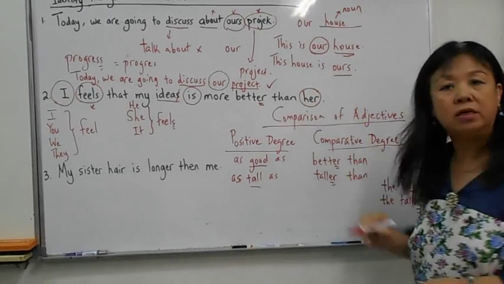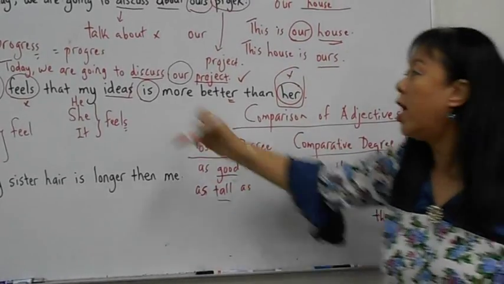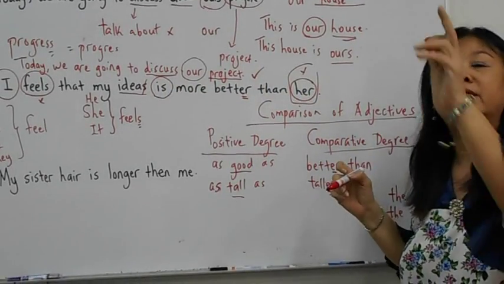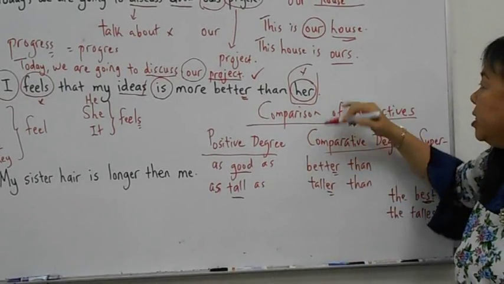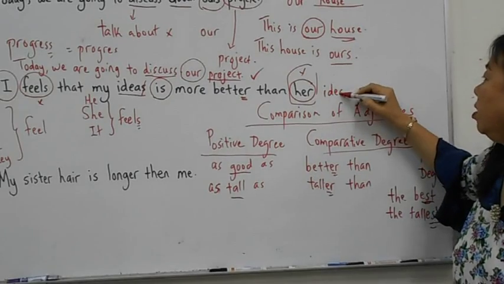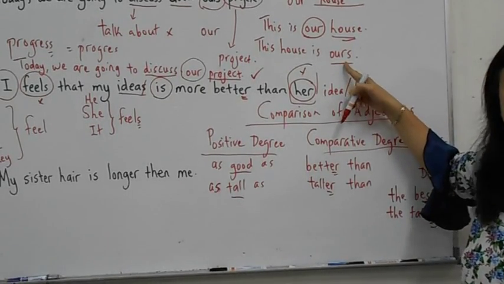And can you say her? No. Why? Her is the person. Your idea cannot be better than the person, but your idea could be better than her idea. Therefore, you see this student, either the student should say her idea, or simply, like I show you here, hers.